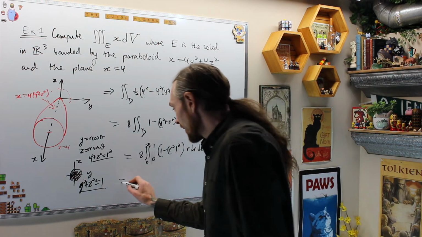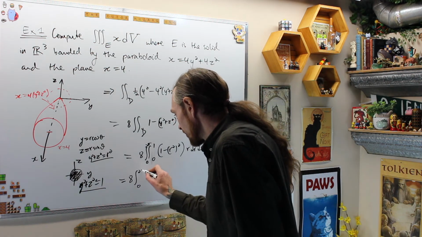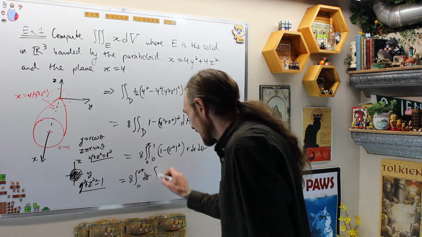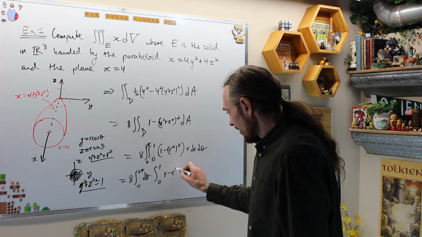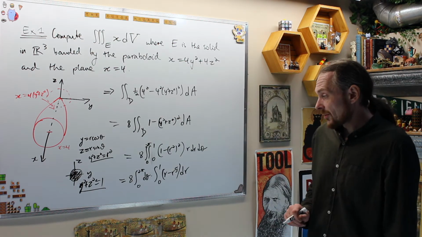That now gives me 8 times the integral from 0 to 2 pi d theta times the integral from 0 to 1. Distributing that in, I get r minus r to the 5 dr, which is going to give me what?